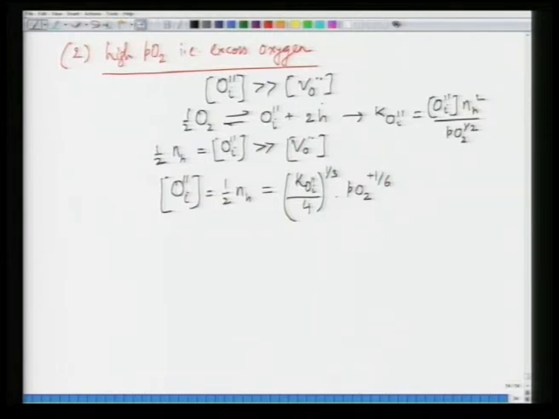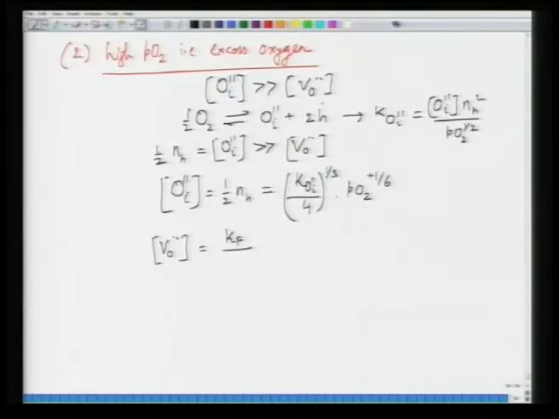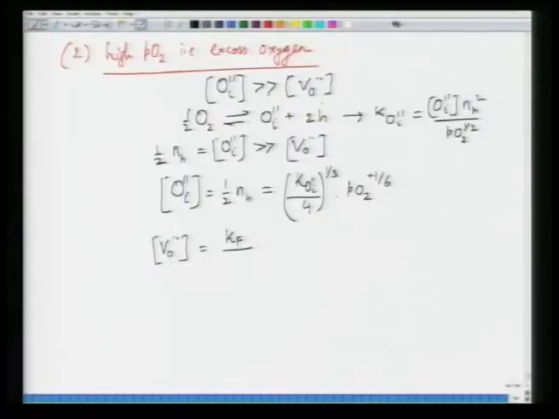So similarly, as compared to the previous case, now VO concentration is determined by the Frenkel reaction. So, Kf divided by OI, because when OI is the dominating defect, then VO cannot be created by any other means other than Frenkel defect. But Frenkel defect also gives rise to both VO and OI, so the VO concentration will depend upon OI concentration.